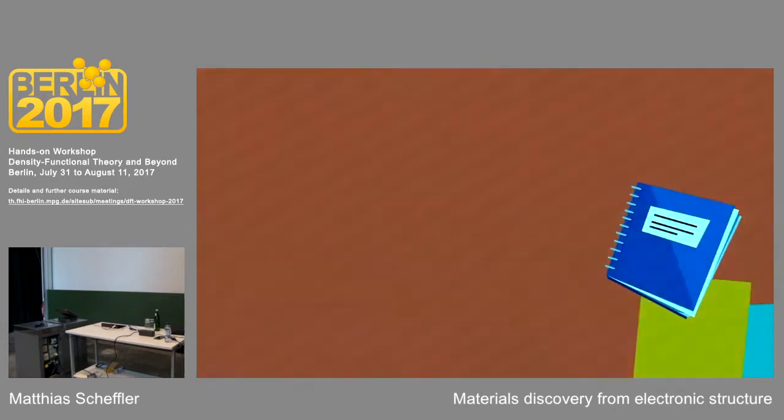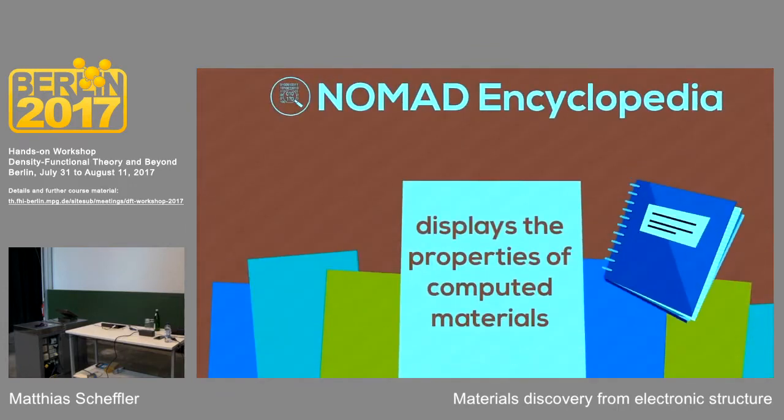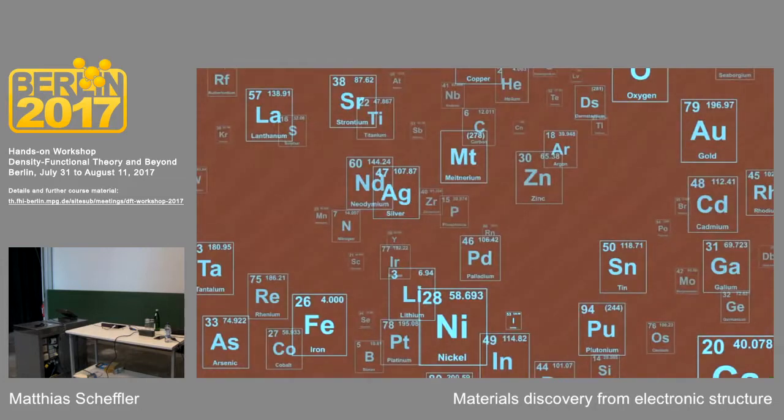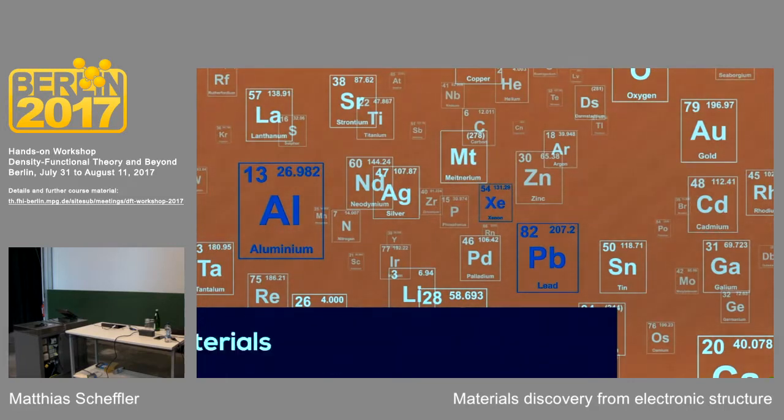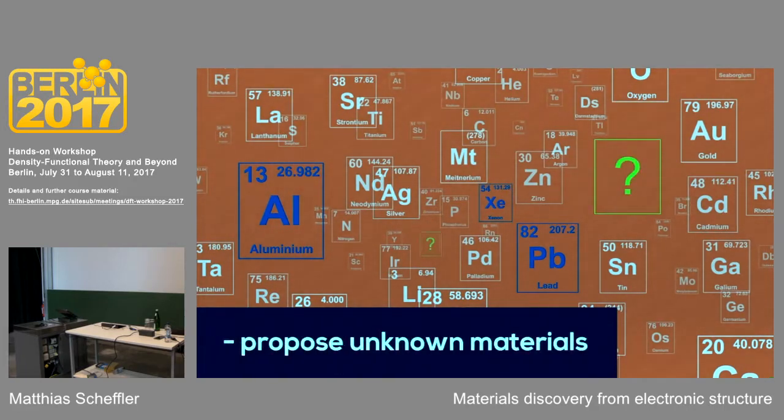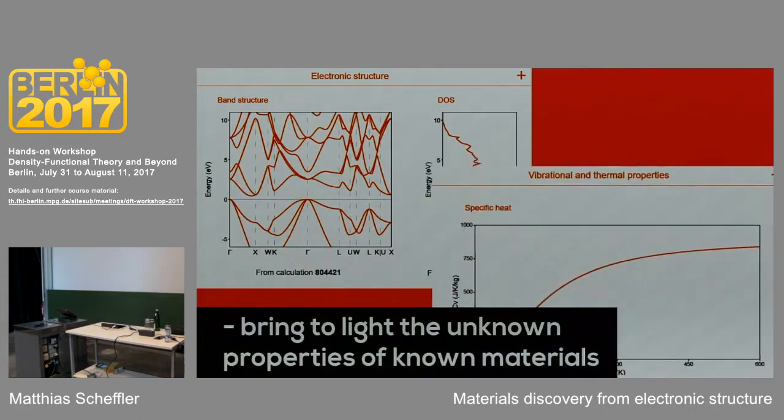The archive is the base for the NOMAD encyclopedia, which displays the properties of computed materials based on millions of calculations, that have been performed worldwide. Not only does the encyclopedia provide information about known compounds and their known properties, but it also makes it possible to propose a previously unknown material with the desired characteristics for a special application, or to bring to light the previously unknown properties of known materials.